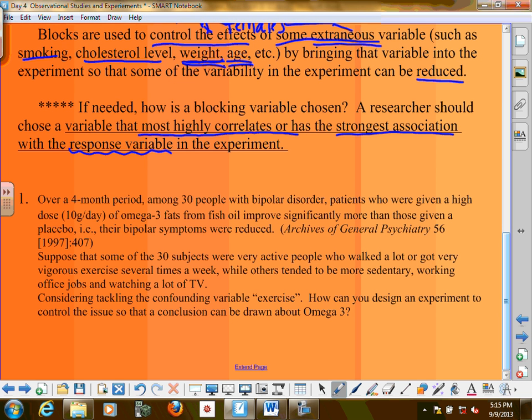So in our case with a blood pressure medicine, if I think that hormones have a significant impact on the effectiveness of the medicine, then I would block with gender because it would have the biggest effect on the effectiveness of the medicine.